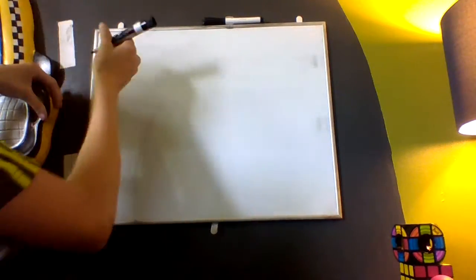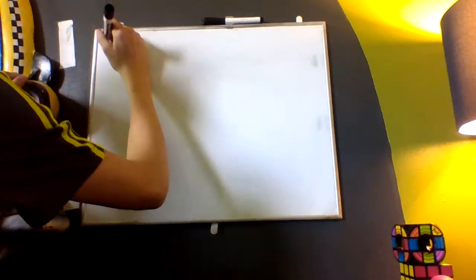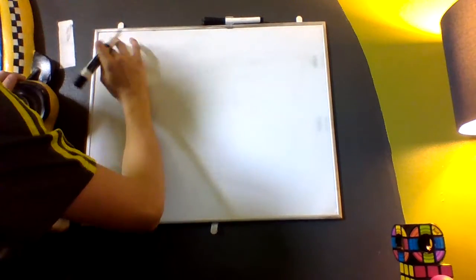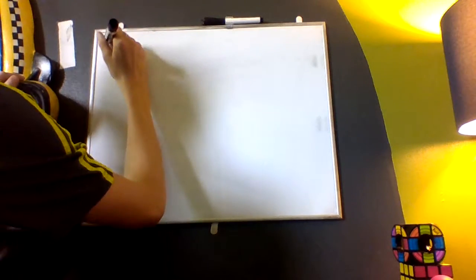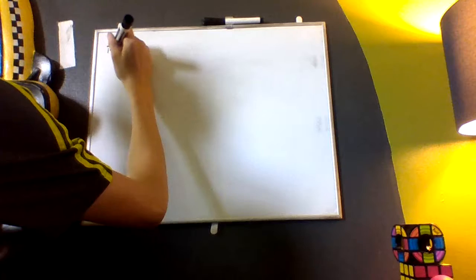So now, what about dividing? What about i plus 1, or 1 plus i? Always write it like this. It'll make everything easier. Divide by 1 minus i. Well, let's talk about something called the conjugate.